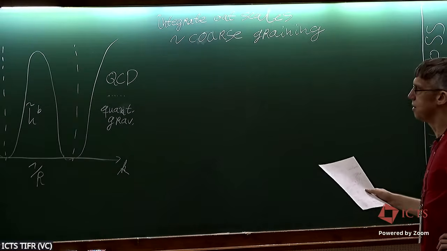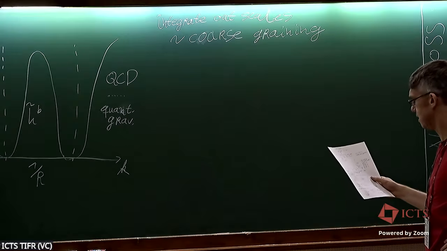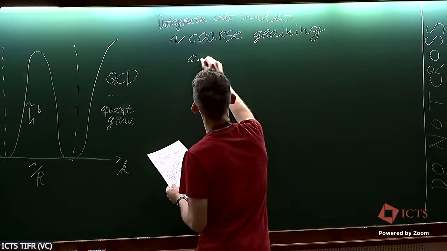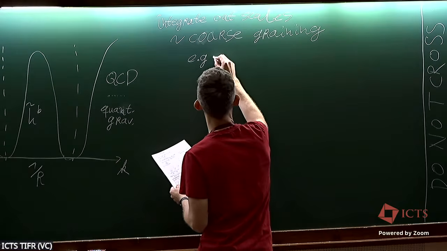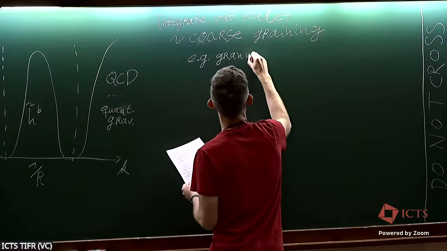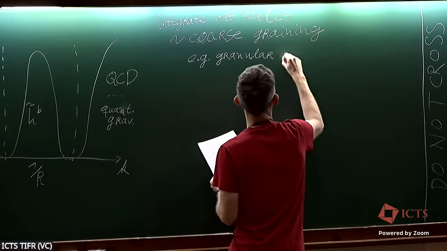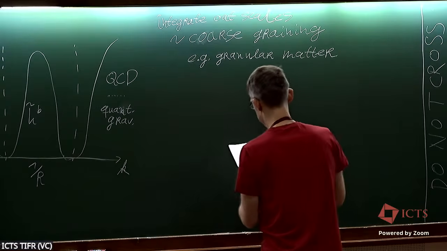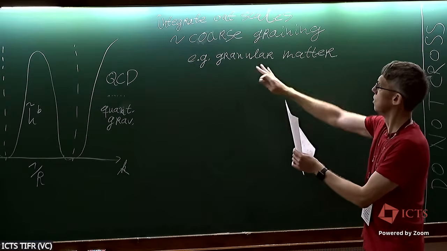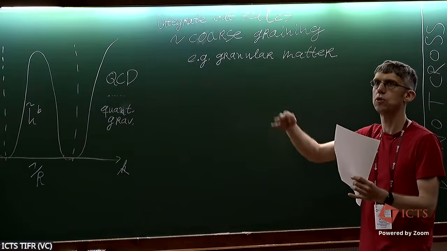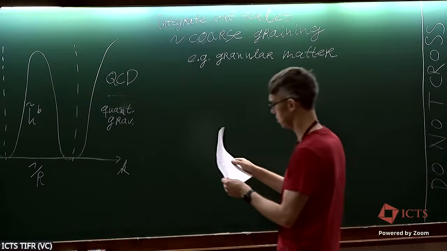So what that means is, say, for the example of granular matter, you could do some kind of averaging over the granular matter, and then you get to some continuum or fluid description, right?